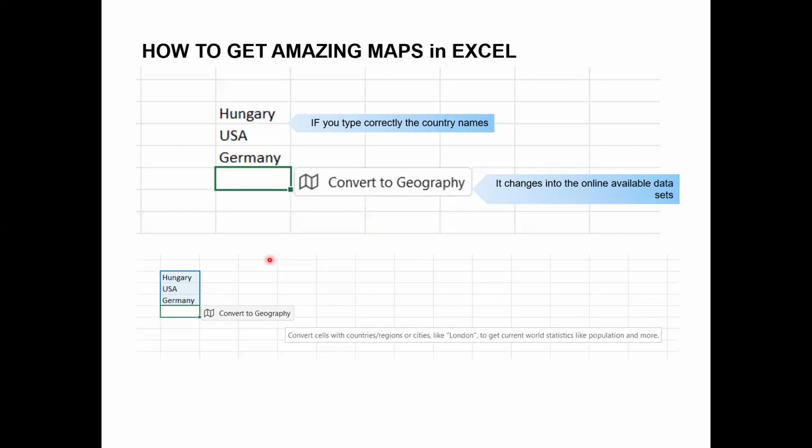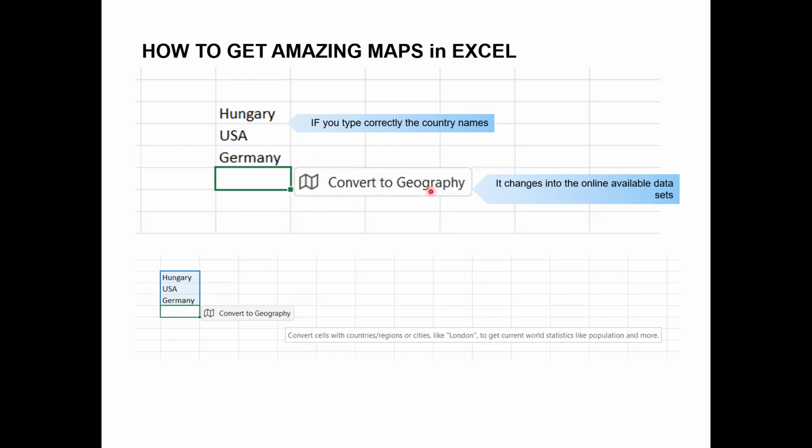If you go further, there is one more good part in Excel that you can use, and this is basically the demographic data. If you type the names of the countries properly in English, then Excel starts to convert them into the geography type.